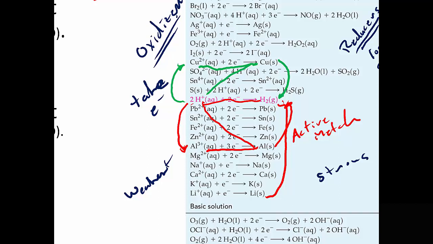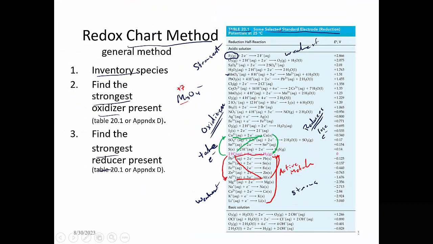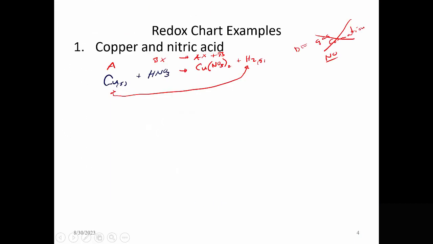Hydrogen. Lithium's the most active. That means hydrogen is more active than copper. Copper is less active.